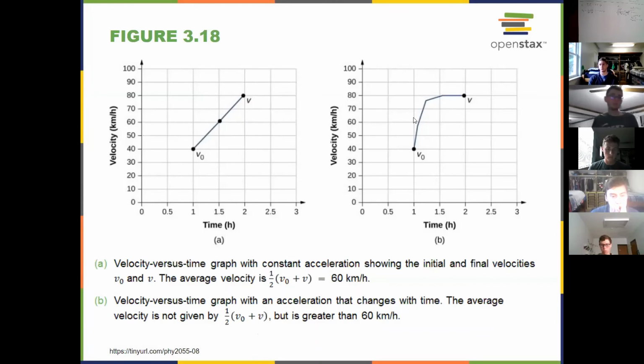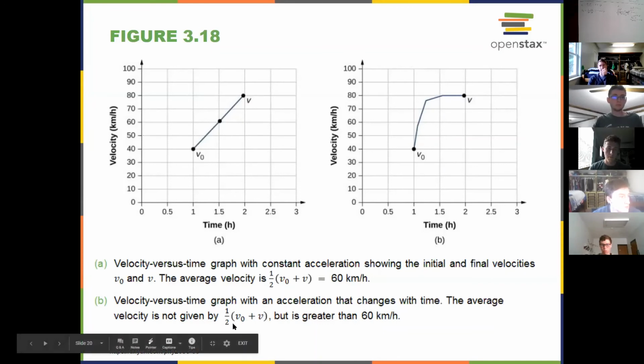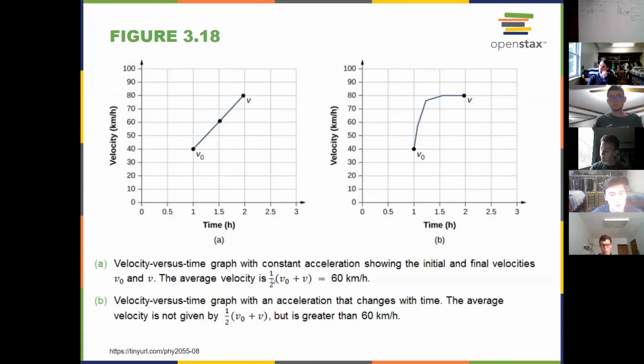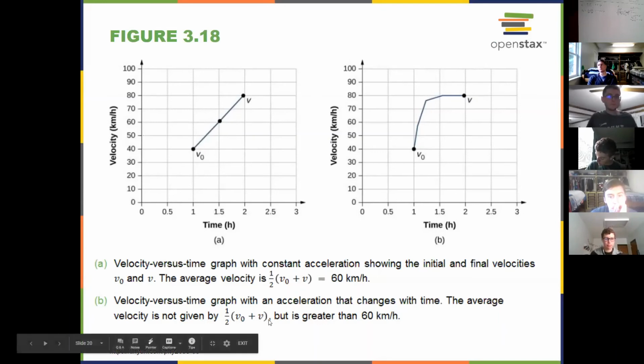Otherwise, if the acceleration is not constant, meaning the change in velocity is not homogeneous throughout the journey, you cannot use this expression to calculate the average velocity. So just keep in mind, calculating average velocity using 1/2 initial plus final applies only when you have constant acceleration. Otherwise that doesn't apply.